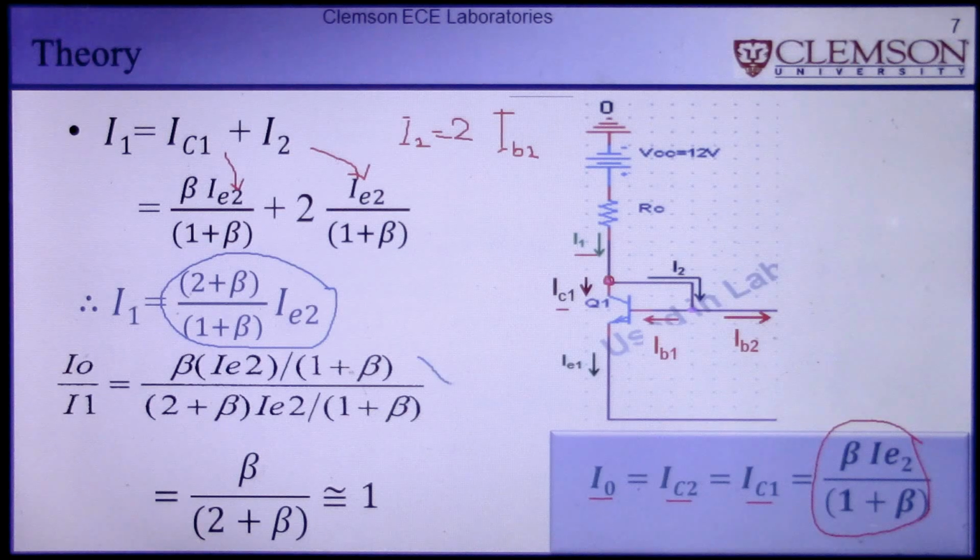So at the end we have something like this, and this gives us this expression. Now we can see that beta divided by beta plus 2 is approximately 1. Why? Because if we remember, beta is the transistor gain, and if you have a transistor gain of say 120, then you are actually dividing 120 by 122, which is approximately 1. So we are saying that I output divided by I1 is approximately 1.